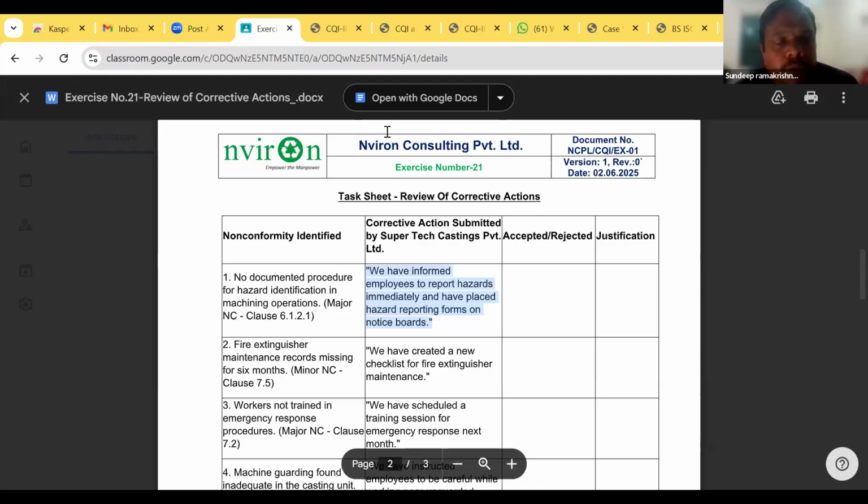See, as an auditor, you have every right to reject a corrective action, but whenever you reject, you have to give justification for that also, because the auditee is going to say this will solve the problem. Sir, there must be a standard procedure for identifying hazards, like a risk assessment should be done of these machining operations, but it is not being done here, so it should not be accepted.